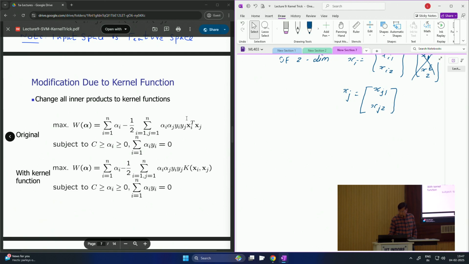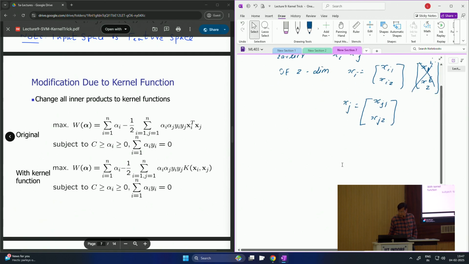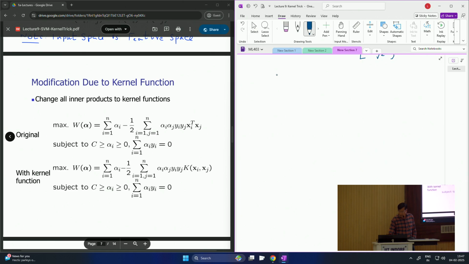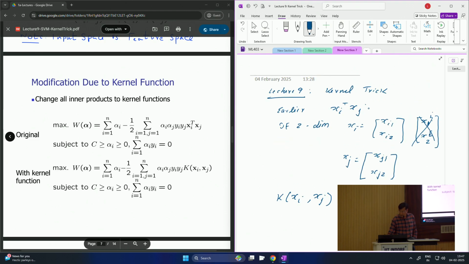So instead of xi transpose xj, which is written here, I would use the kernel function K of xi comma xj as 1 plus xi transpose xj square. So instead of having this as your kernel function here, let me change it to this.